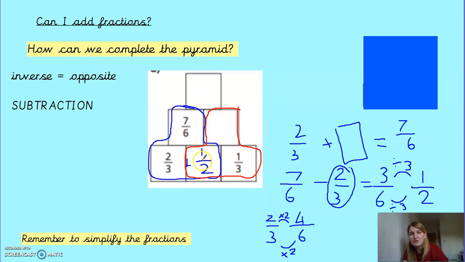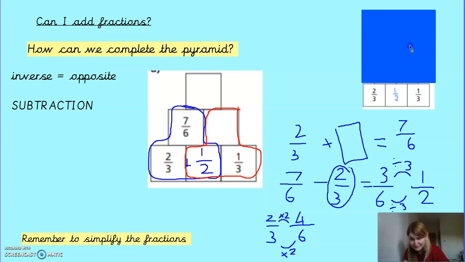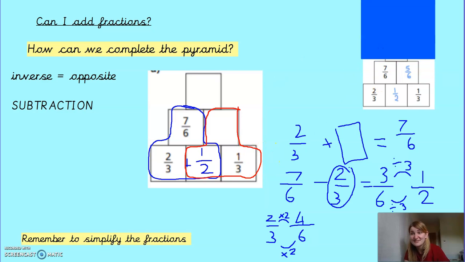Right, well, if I'm doing 1/2 and 1/3, I know I'm going to change those both to 6ths. So 3/6 add 2/6 should give me 5/6. And then my last step would be to do 5/6 and 7/6 to find this top box, which will be 12/6.